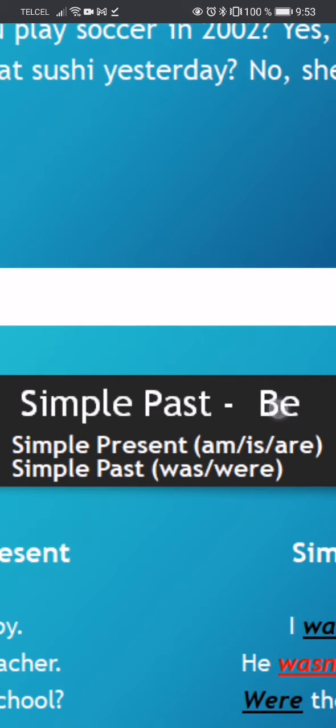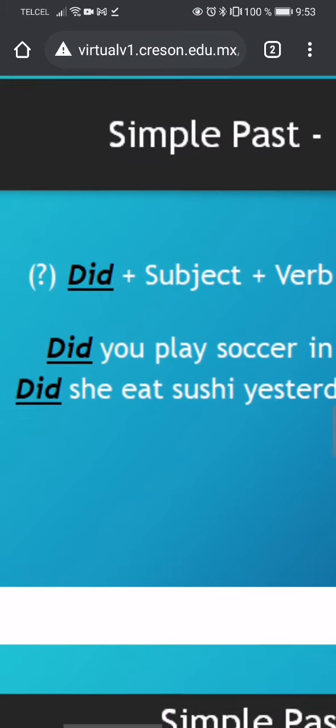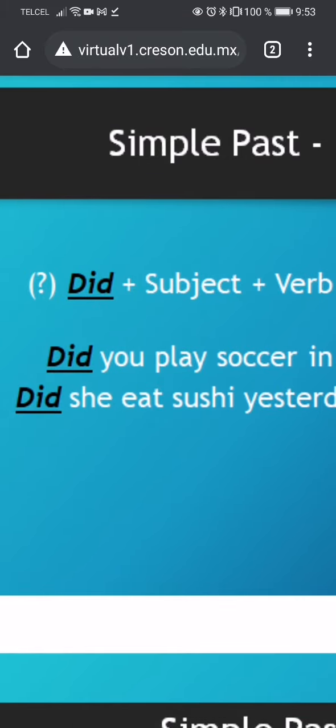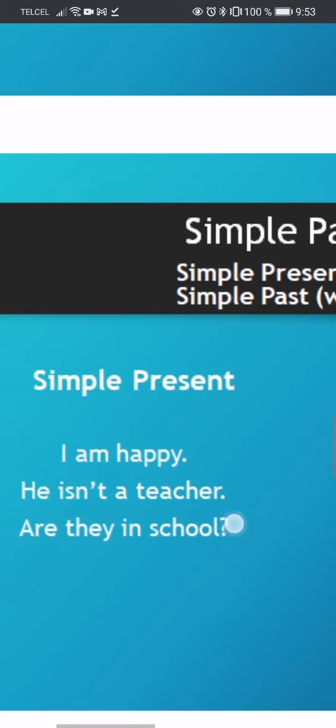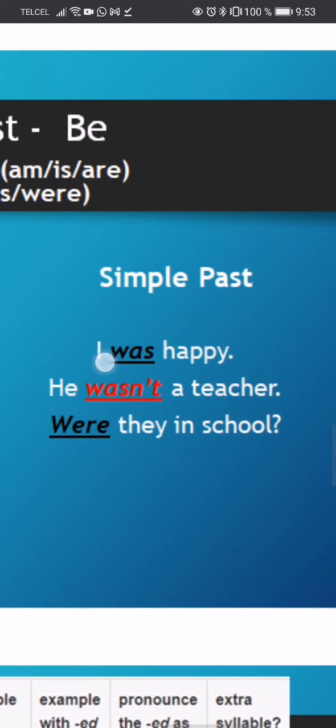So the verb be is very strong. It doesn't need an auxiliary like did. We have examples here. We say, simple present, I am happy. In simple past, I was happy. Okay?